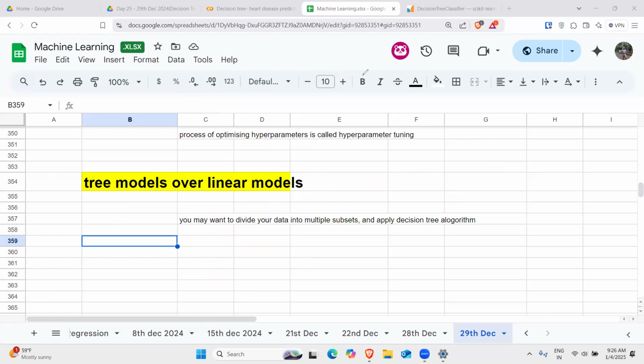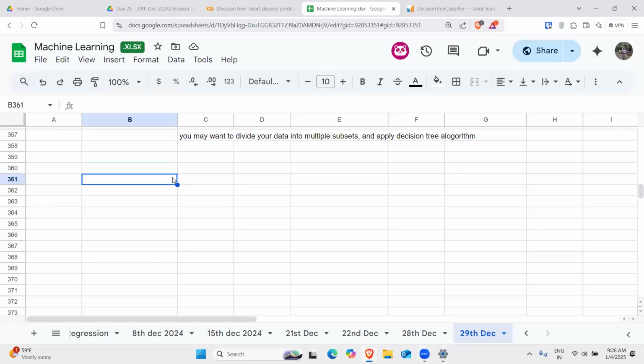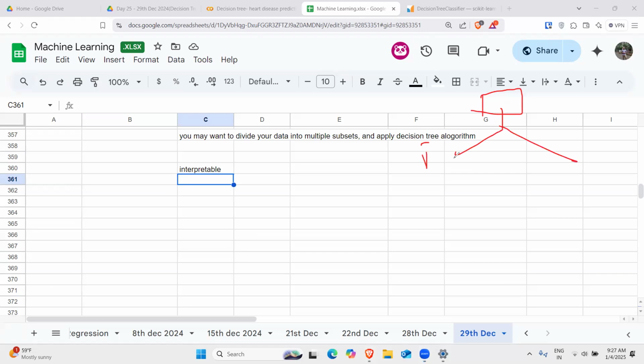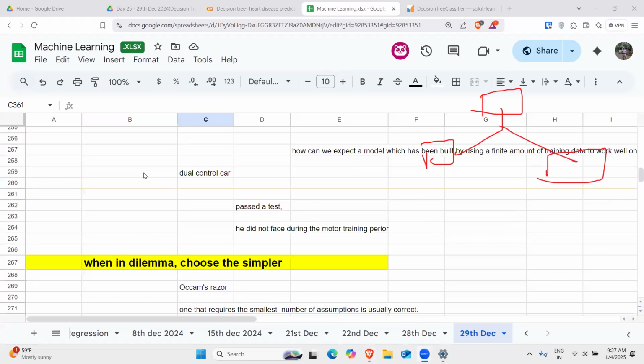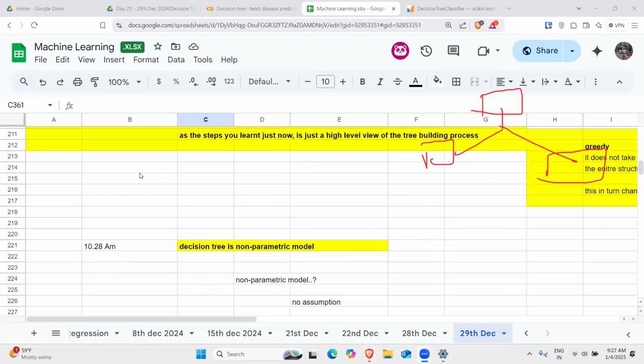Apart from that, you have interpretability, which we already discussed. It is very self-explanatory and does not require any explanation, so that any common man will be able to find out how you have approached this problem. You just draw a decision tree like this. The example we took to predict whether the person has heart disease or not is very simple and easy.